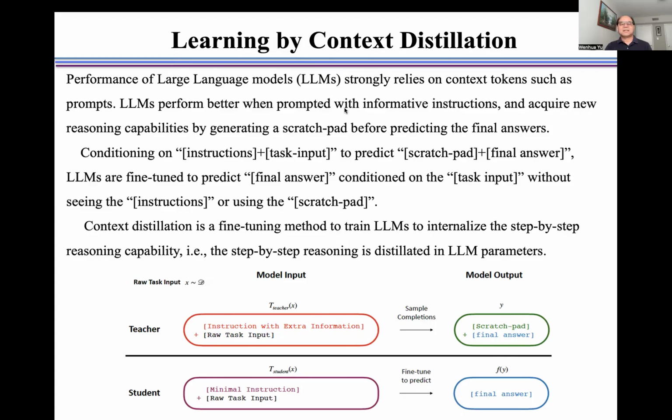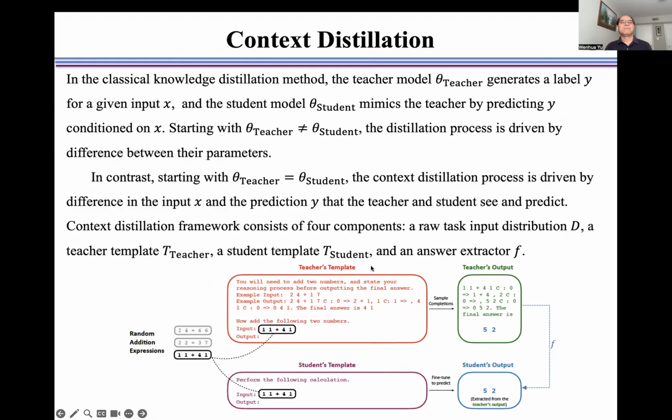Namely, the step-by-step reasoning is distilled in large language model parameters, as shown here. This teacher model and this student model use minimal instruction plus raw text input to predict the final answer.